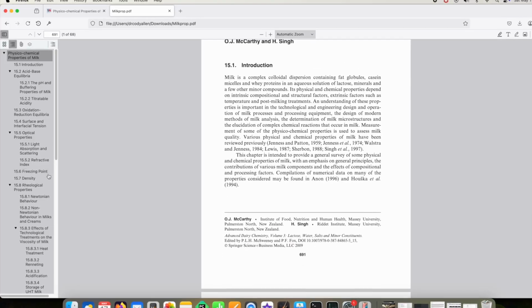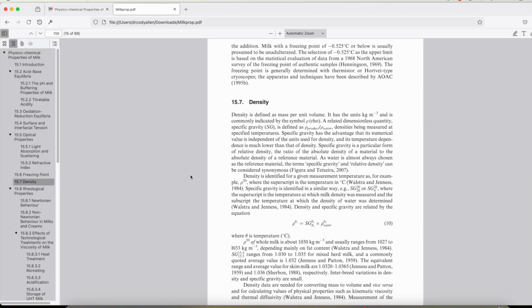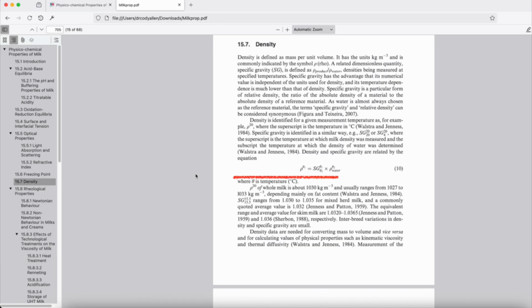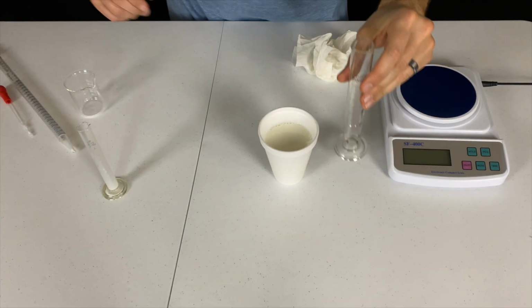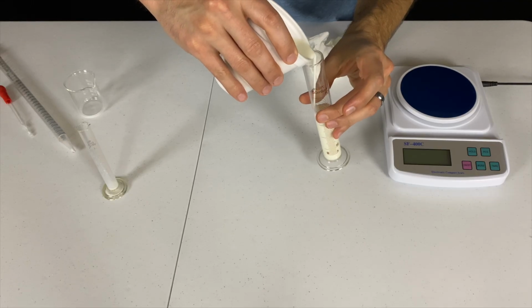For whole milk, the range is 1.027 to 1.033 grams per milliliter, whereas the range for skim milk is given as 1.032 to 1.036 grams per milliliter. And since we are taking the density of water equal to 1 gram per milliliter, these are our respective specific gravity ranges. Based on the results, we seem off by around 2 to 5%.